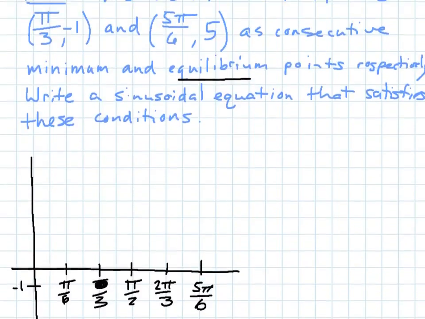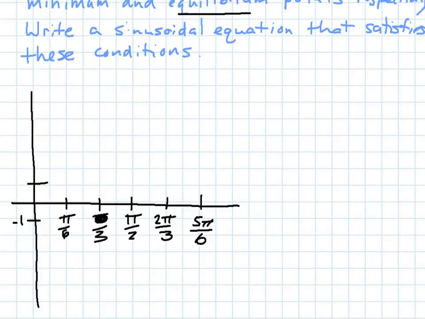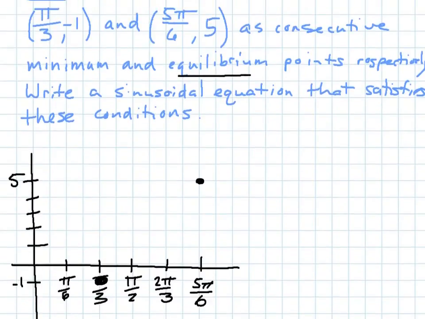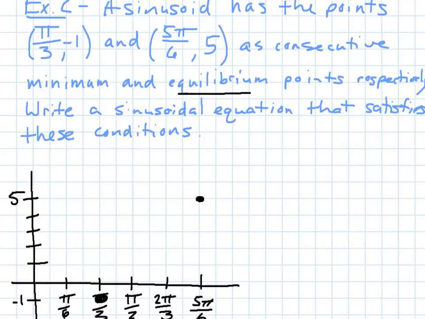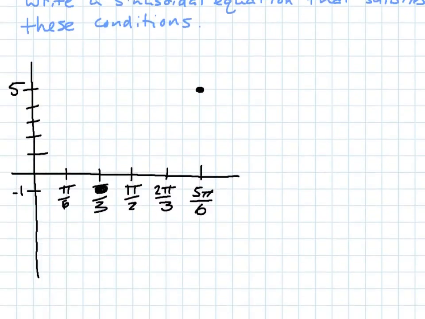So then that says it was 5. Okay, so then that would be the equilibrium in this case. Okay, so this is the middle.